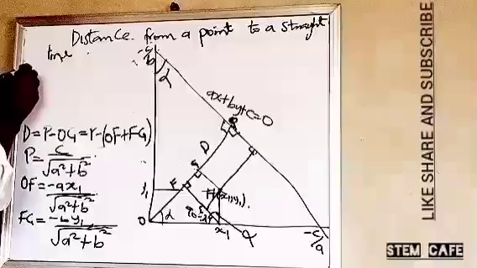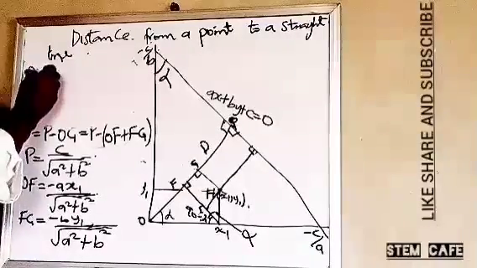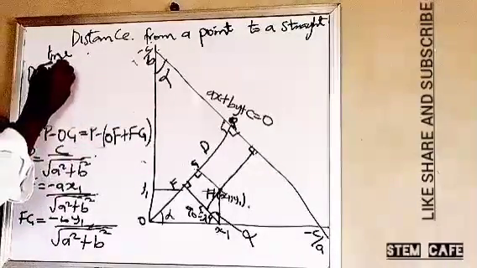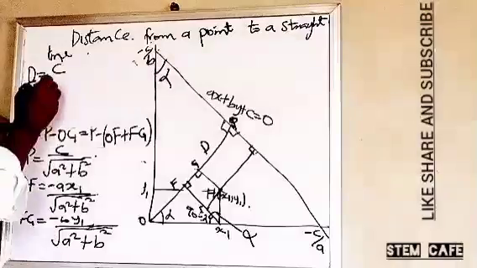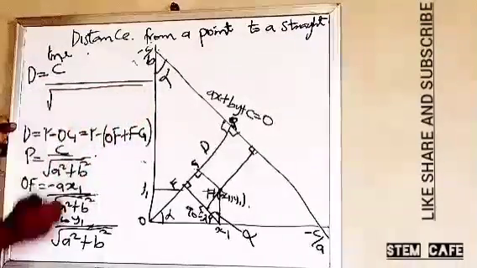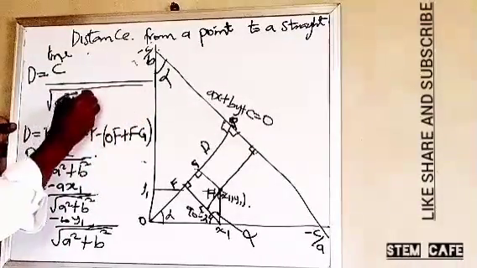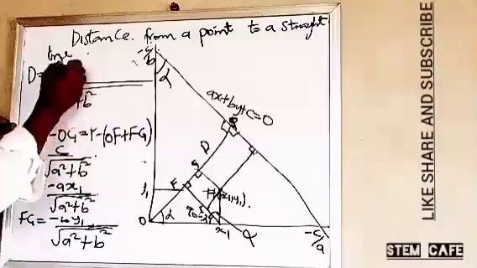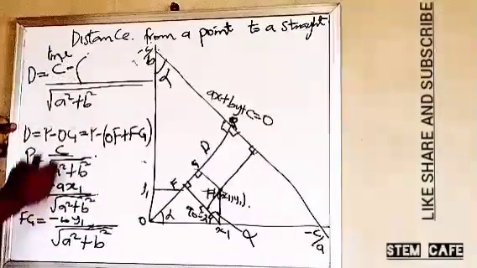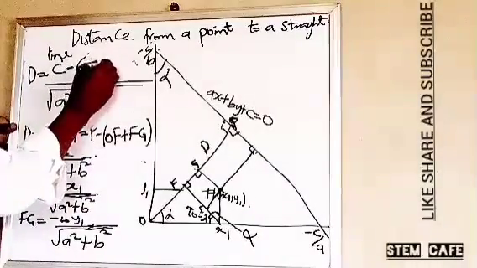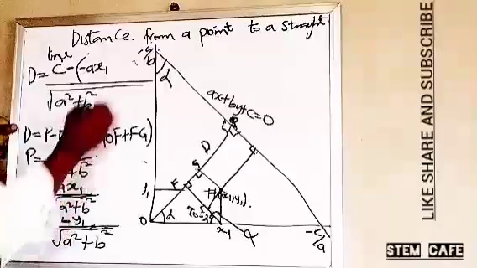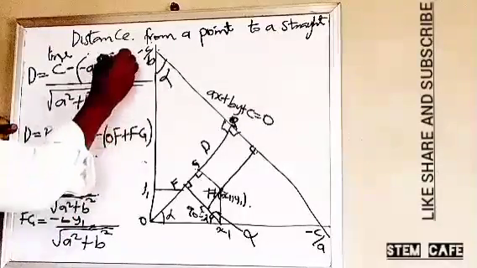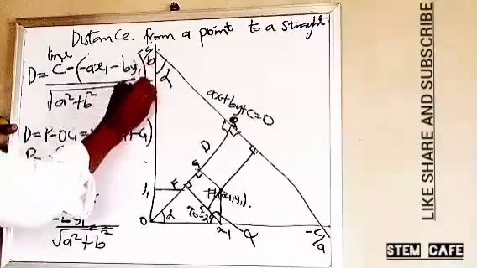So d, from a point, since they all have the same denominator, is going to be c, minus OF, which is minus ax1, minus FG, which is minus by1.